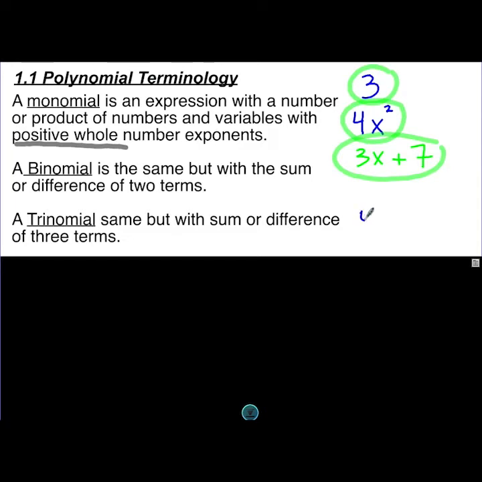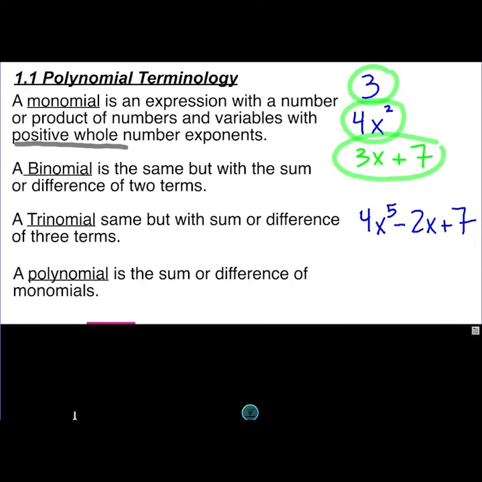How about this? Three terms. There we go. And then as we get further out, all of the above are polynomials: any sum or difference of monomials. And whether we have 3, 2, 1, or more, we call it a polynomial.